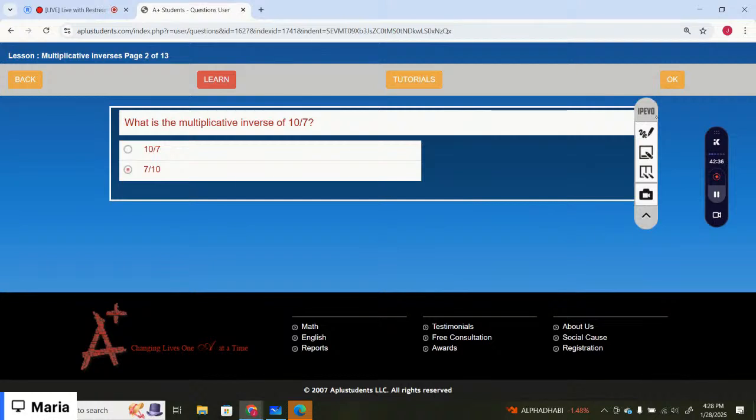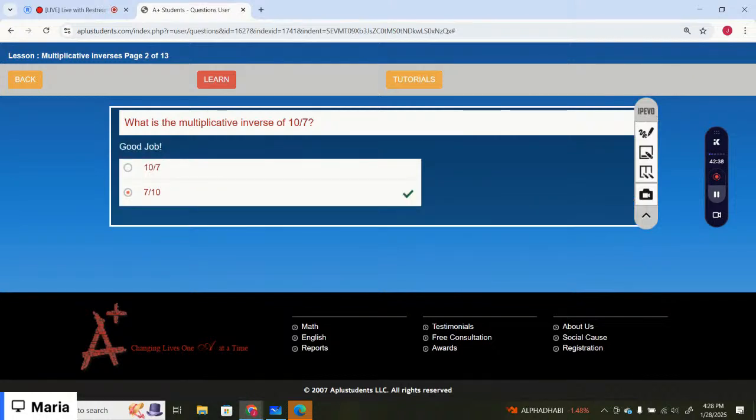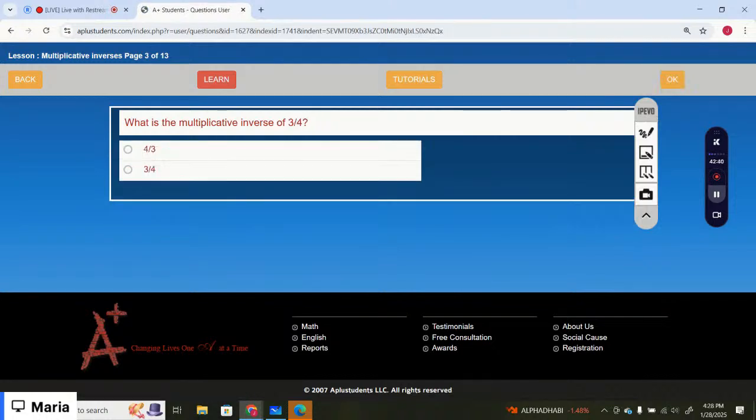Option number 2 is the correct option. The multiplicative inverse of 10 by 7 is 7 over 10. You have to switch numerator and denominator.